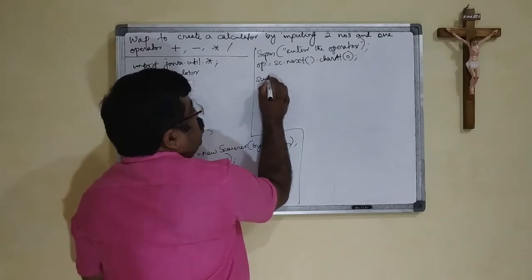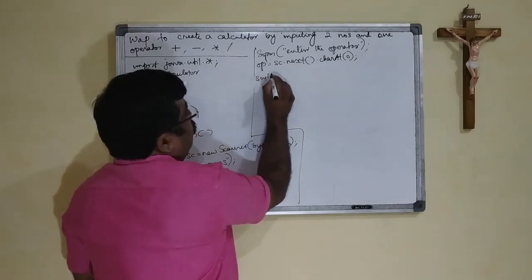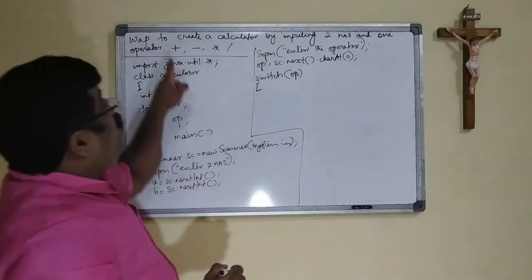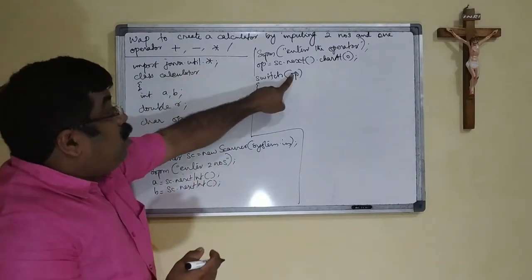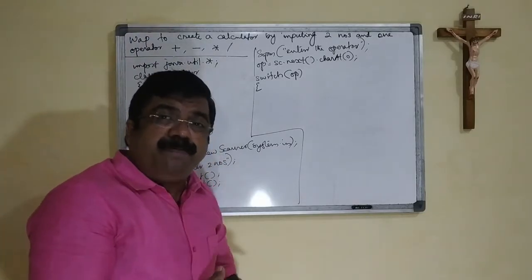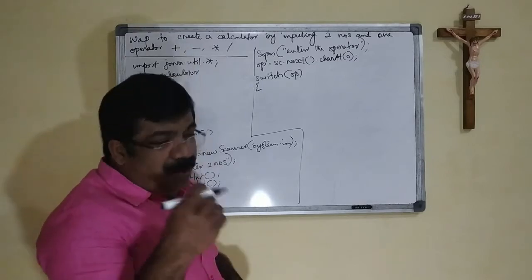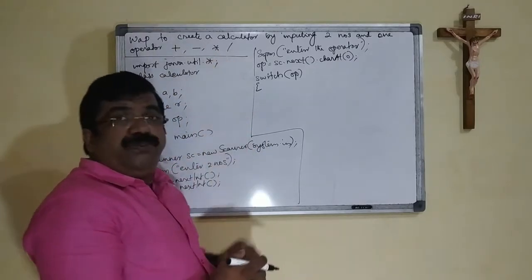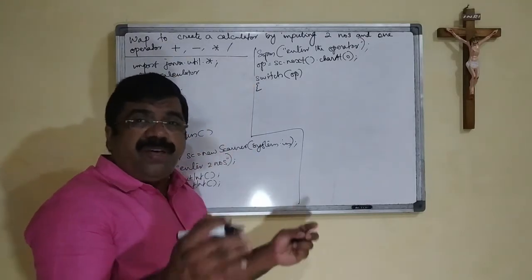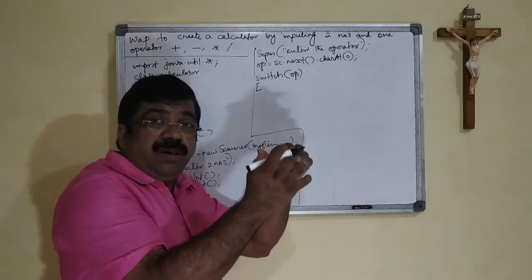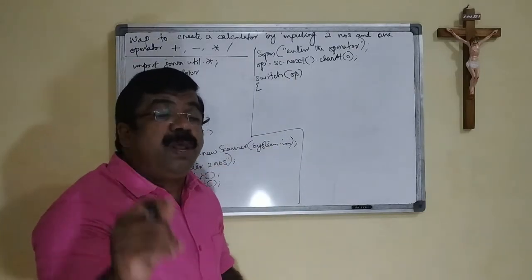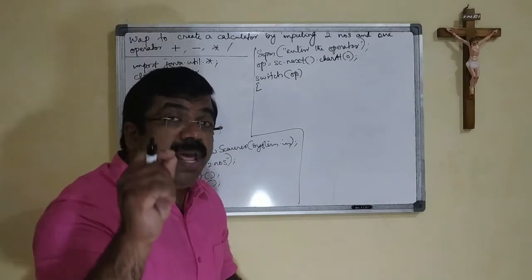Give now the switch statement. Switch with the op, because we have to do these operations depending on this operator. If plus symbol comes, we have to find the sum. If minus comes, we have to find the difference. If star comes, we have to calculate the product. Otherwise, we have to calculate the quotient. So the program is branching depending upon the value of that particular variable, op.